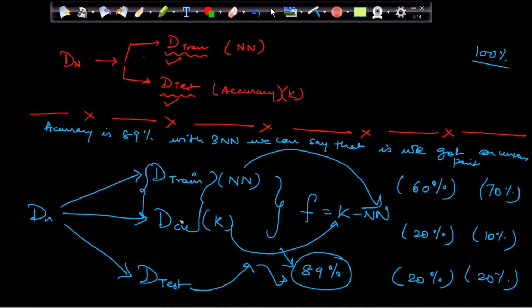I will be really confident here because these 20% of the points are unseen. They were never used in the model. So I can say that these are my new customers. I want to know whether these customers will purchase the product or not, and I am passing the data in the model and getting 89% accuracy. So I can very well say that I am getting 89% accuracy on the unseen data points as well.